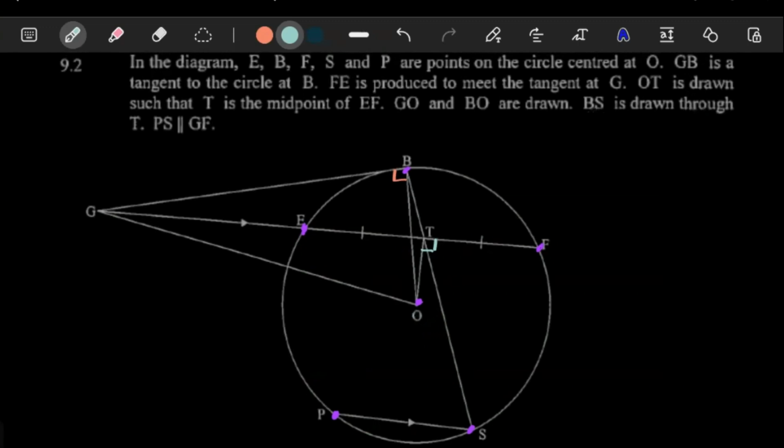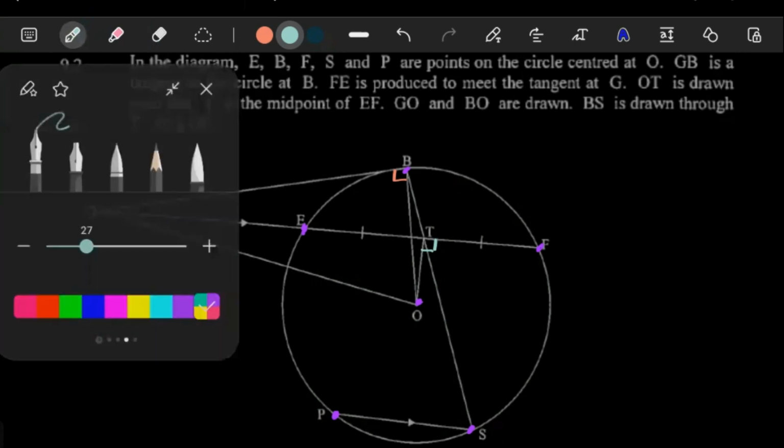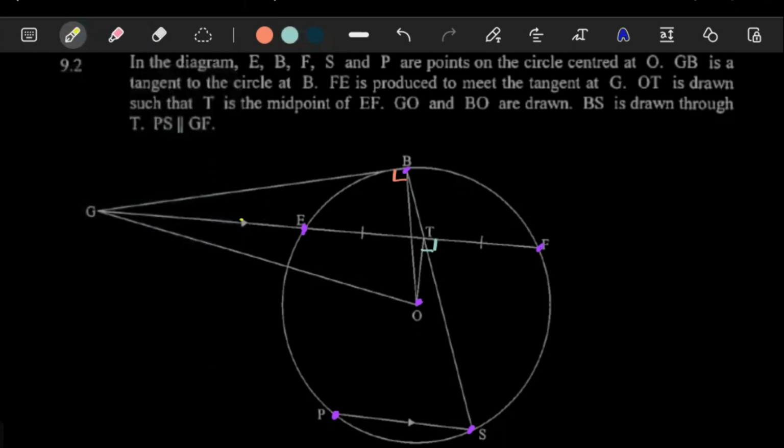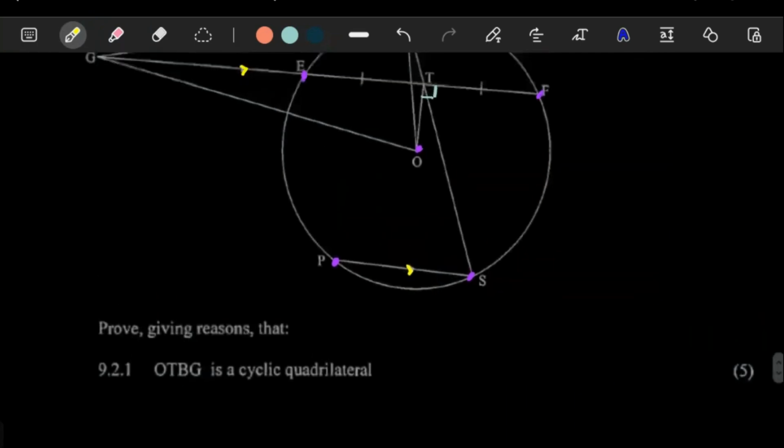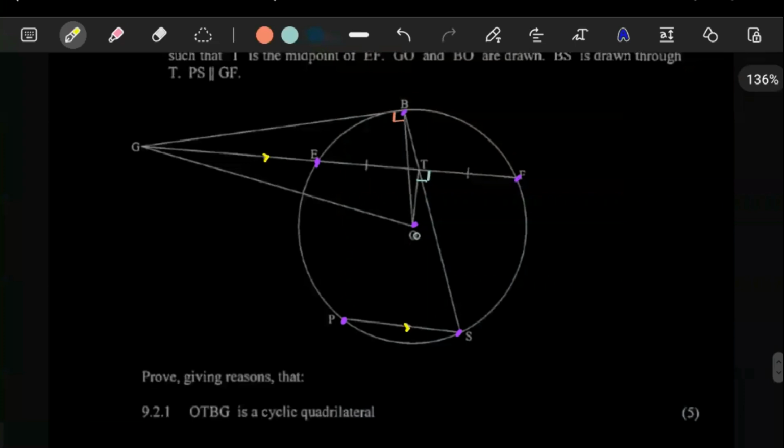BS is drawn through T. And then they said here PS is parallel to GF. Okay, that's quite interesting. Let's see what we can do here. Let's keep moving. So here for 5 marks, they said prove, giving reasons, that OTBG. So it's like OTB.